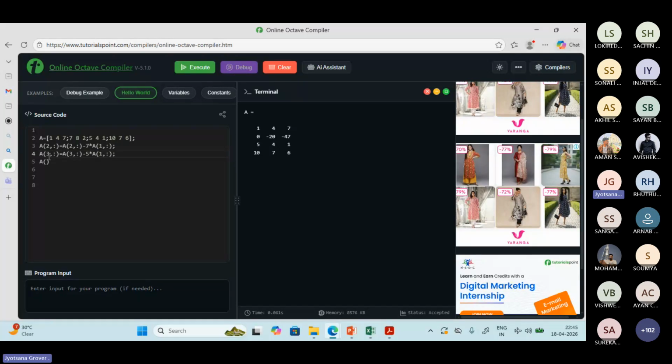Okay, now comes A4: minus 10 into R1, 10 into A1. Okay, now let's see what is A. Let's execute. Okay, this turns out to be 0. Now what?